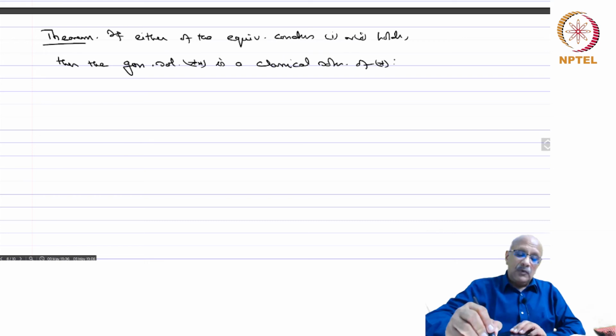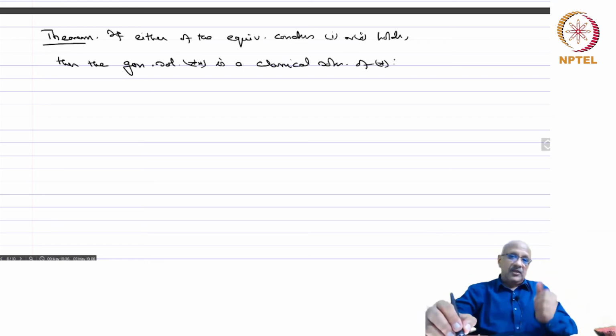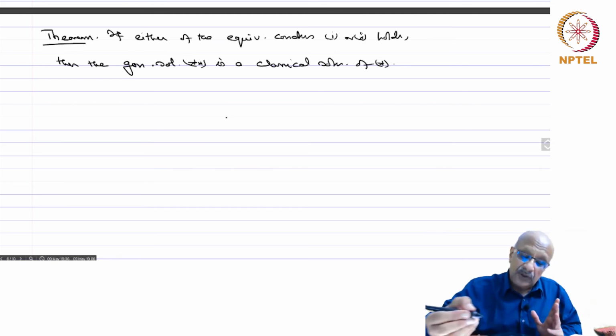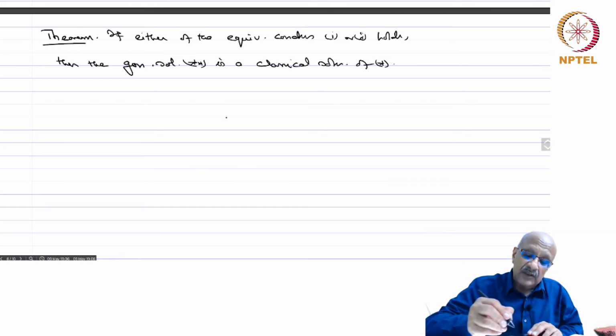Okay. So, we were asking the question, when is the generalized solution a classical solution? So, if one of these conditions is true, then both are true, and the generalized solution is a classical solution. So, proof.